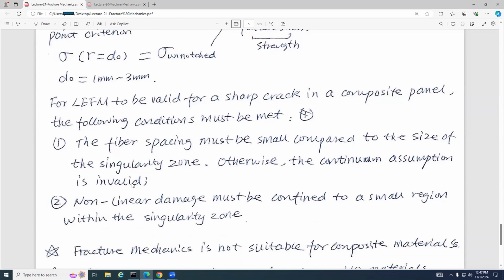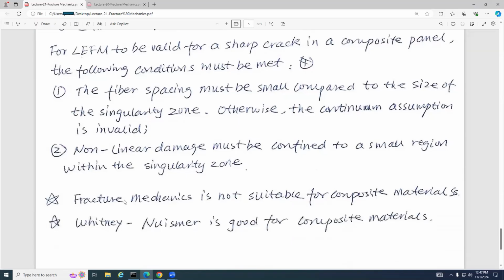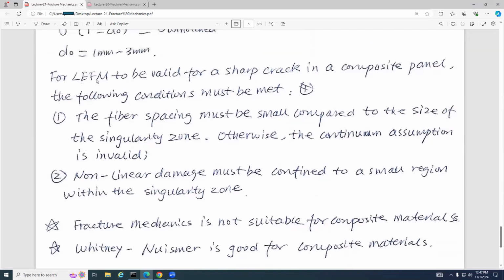Second, nonlinear damage must be confined to a small region within the singularity zone. These are the two conditions that must be met if you want to use LEFM to solve the problem.